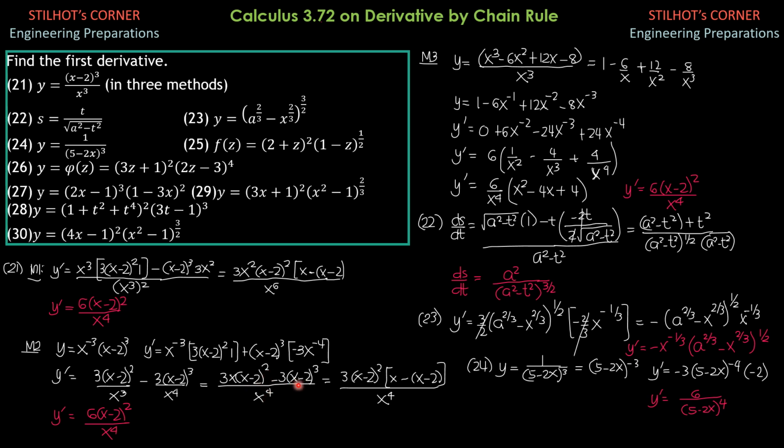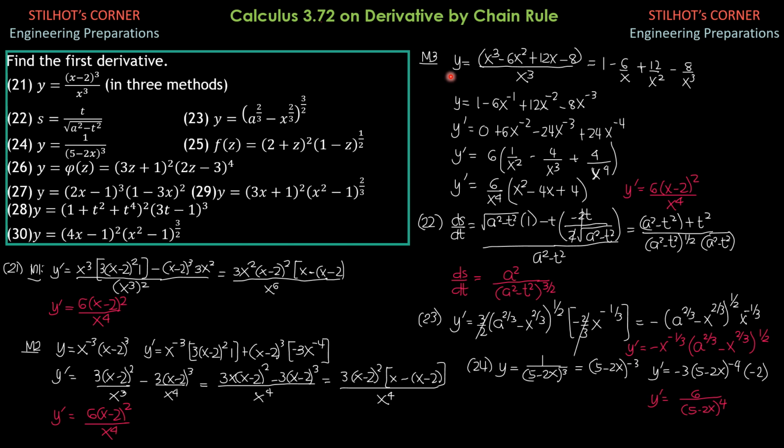Then we copy the second term because its denominator is x to the fourth. Then finally, we factor out 3 and x minus 2 squared common to these two terms in the numerator. Then we'll have quantity x left here, and we have minus quantity x minus 2. So finally, this is again 2. 2 times 3 is 6. Then quantity x minus 2 squared over x to the fourth.